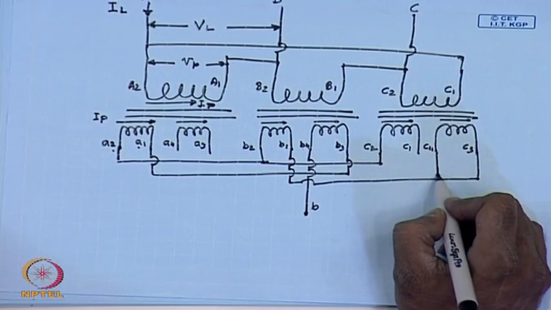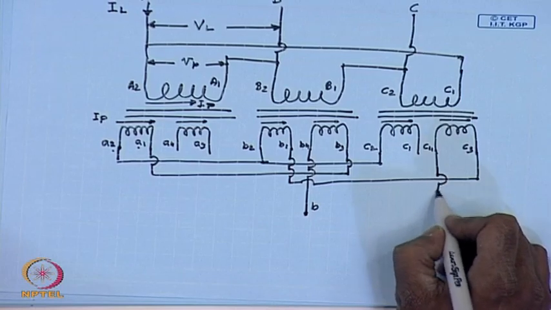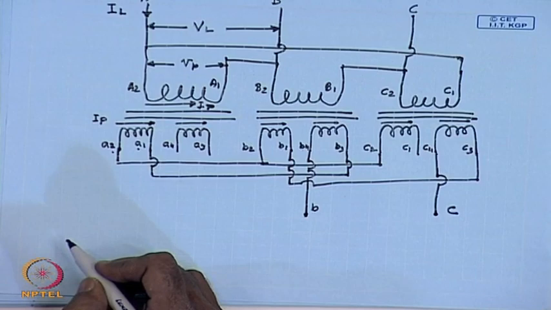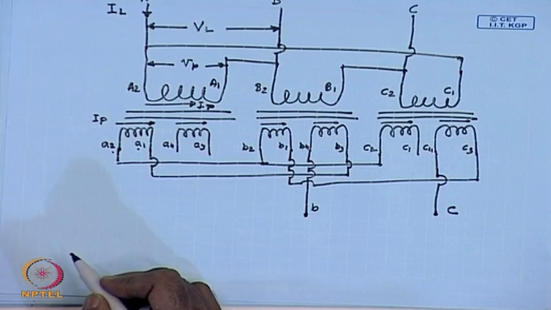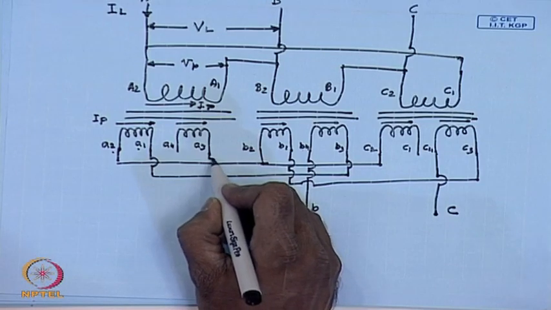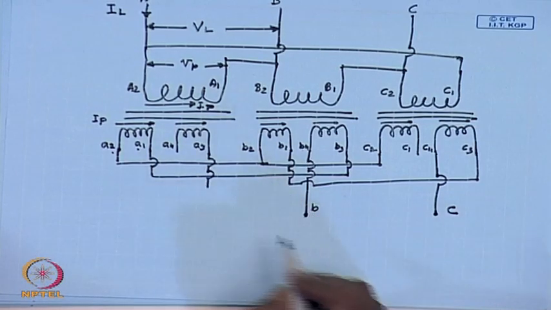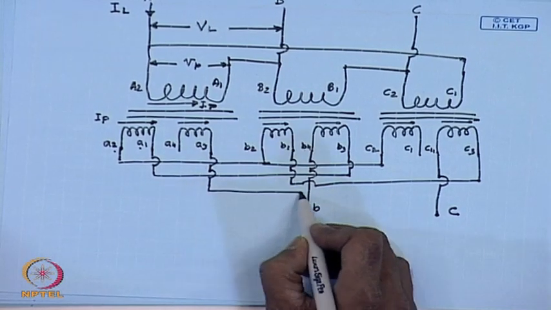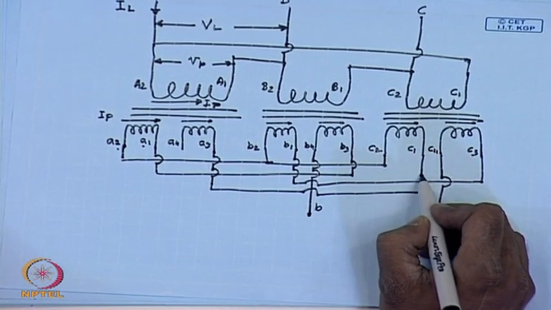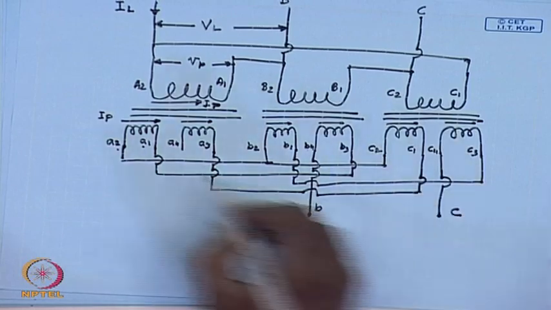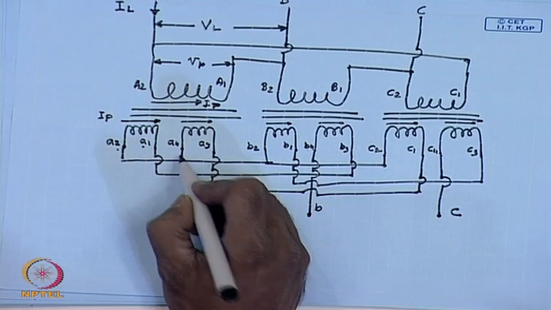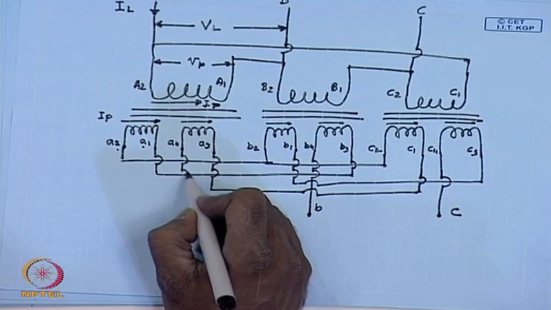And the line C comes from C4. Terminal C1 is connected to A3. And the A phase connection comes out from A4.